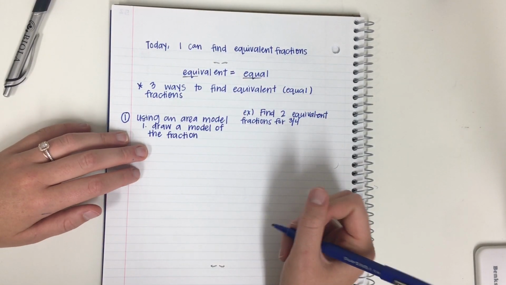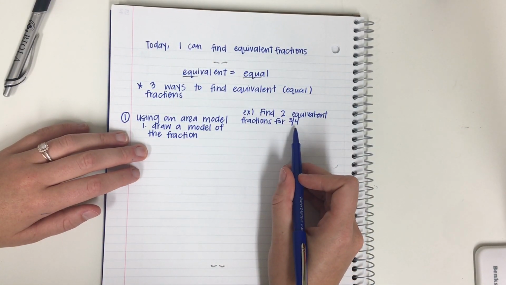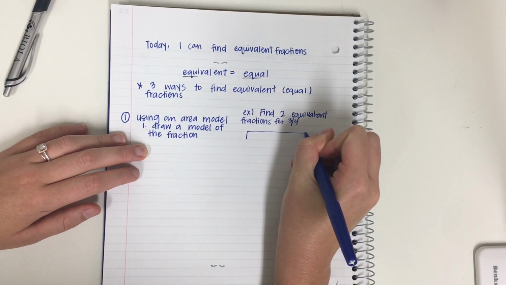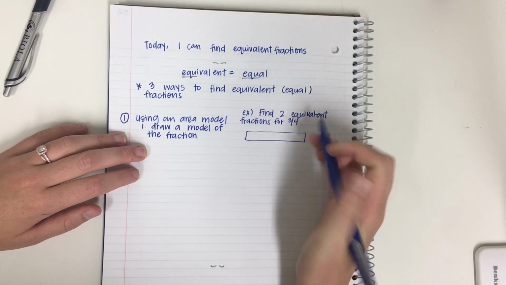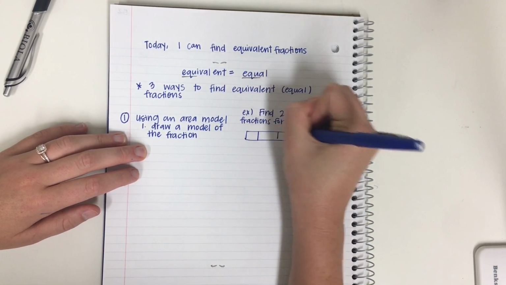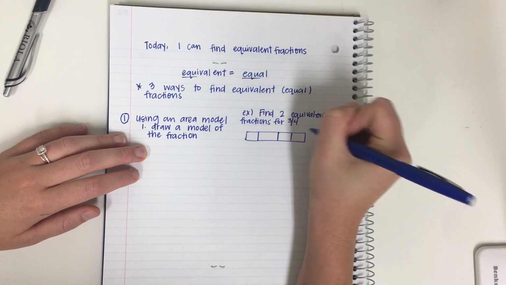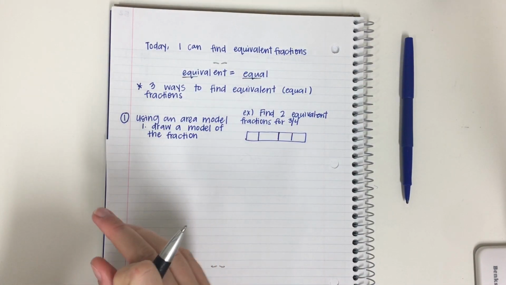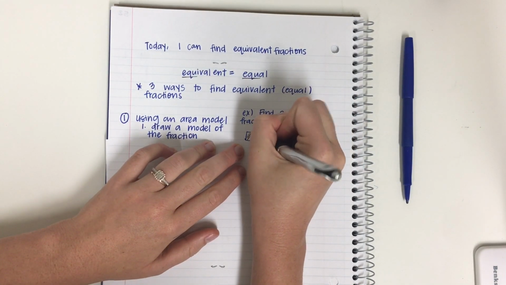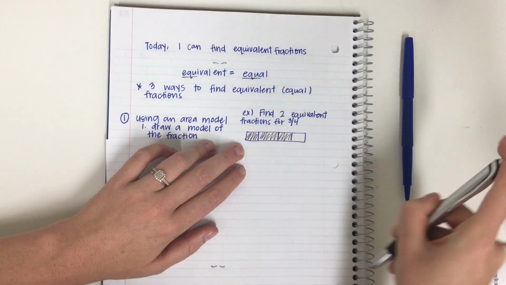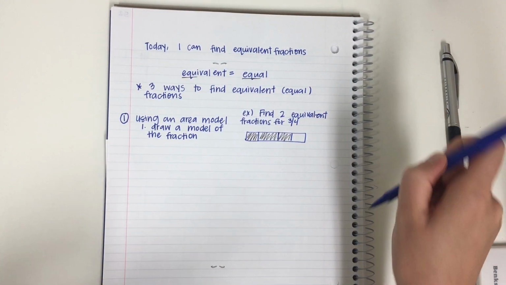Okay, so step 1, draw a model of the fraction. So just like we did in our notes, you can do a whole. How many parts is my whole broken into? 4. So I gotta do 1, 2, 3. How many pieces do I have? 3. So I'm gonna shade in 3. Okay, there's my fraction that they gave me.